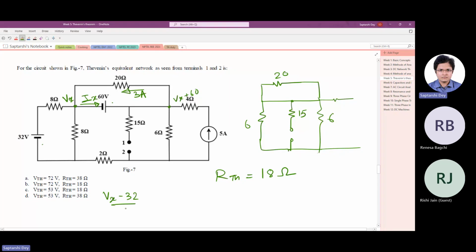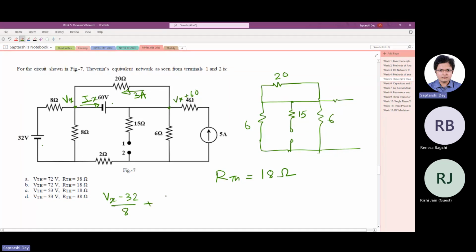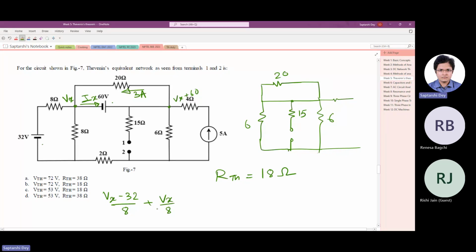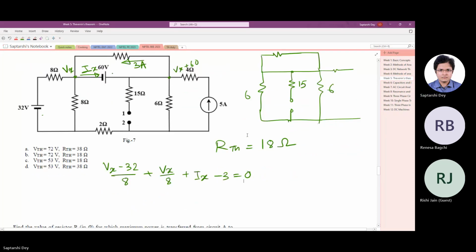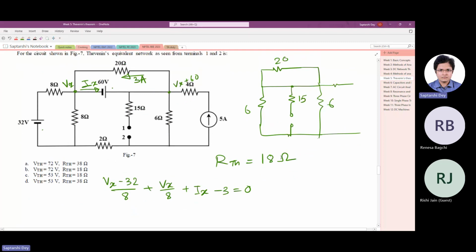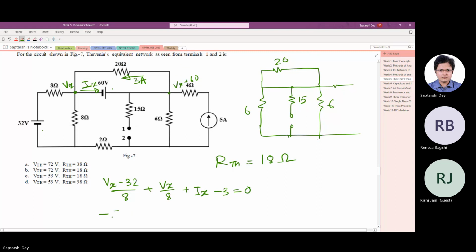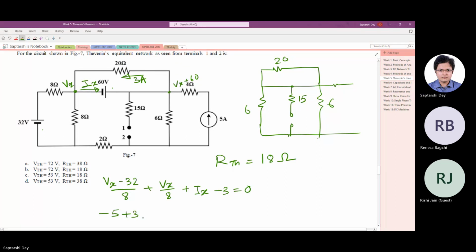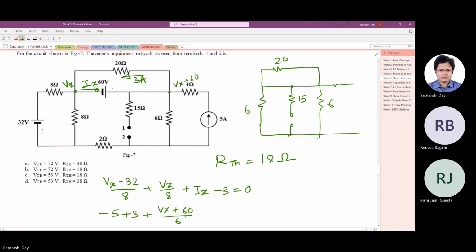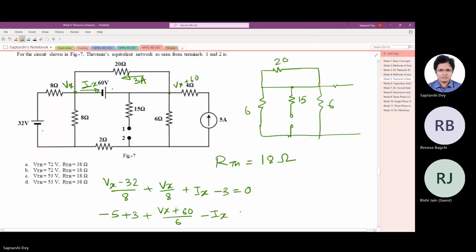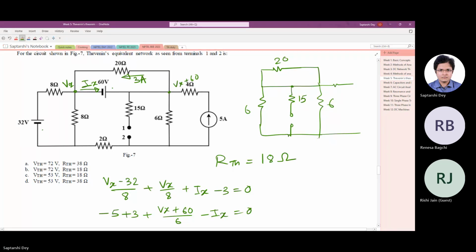Vx minus 32 by 8 plus Vx by 8 going out, going out, going out. One equation. Another equation is coming in, going out. Okay, two unknowns, two equations.